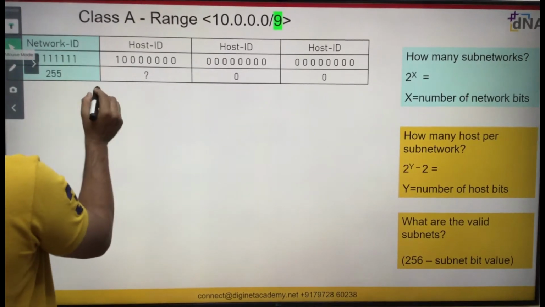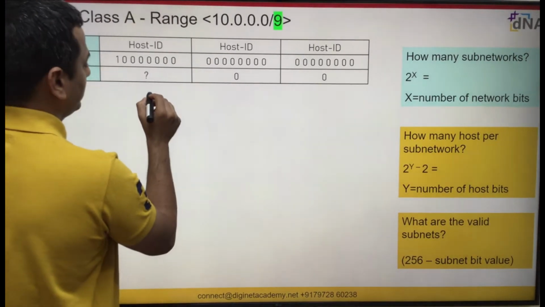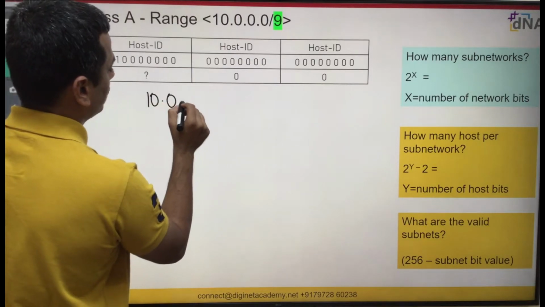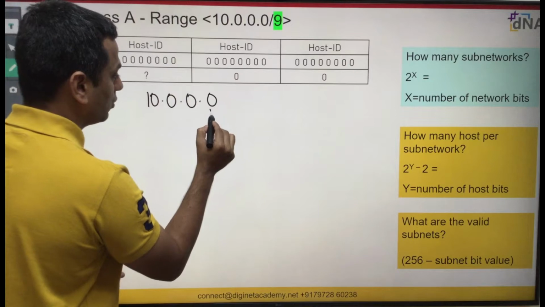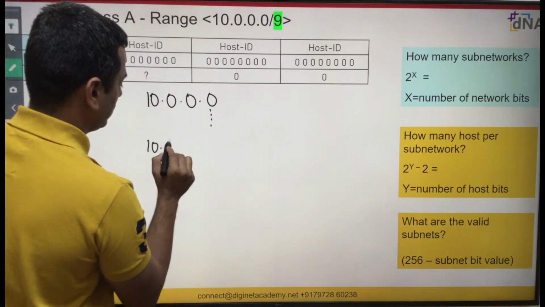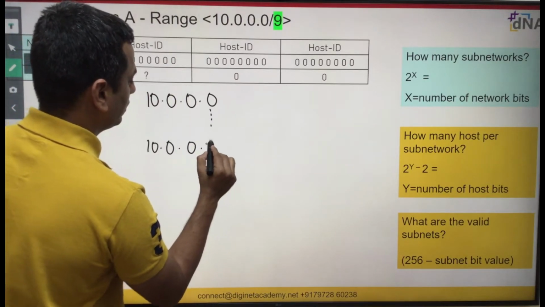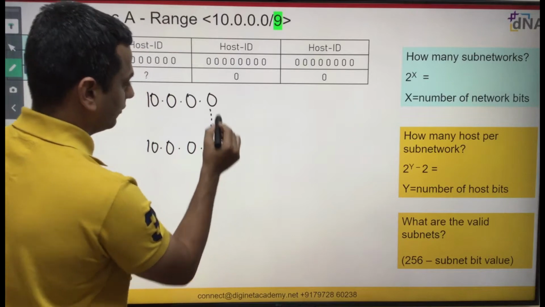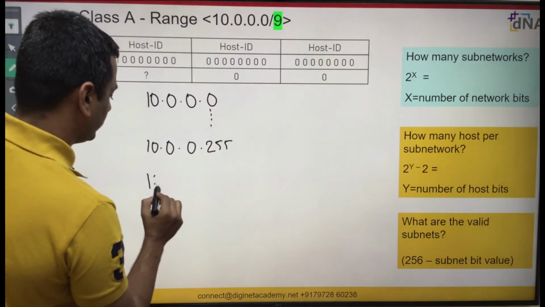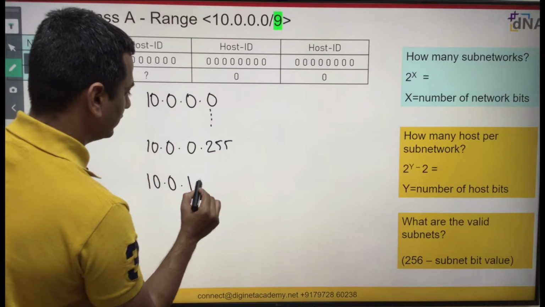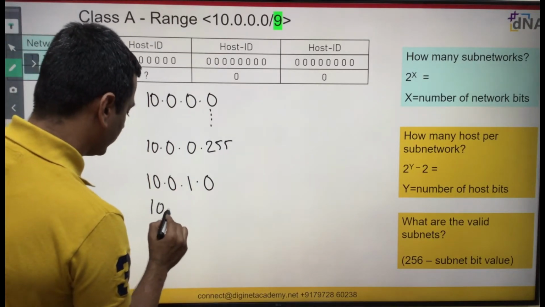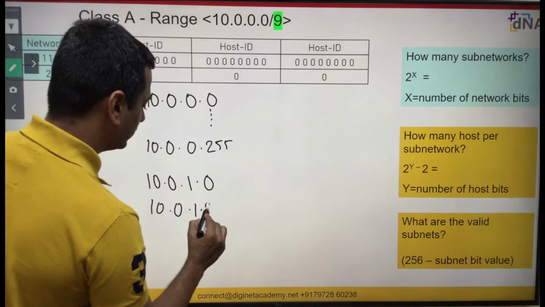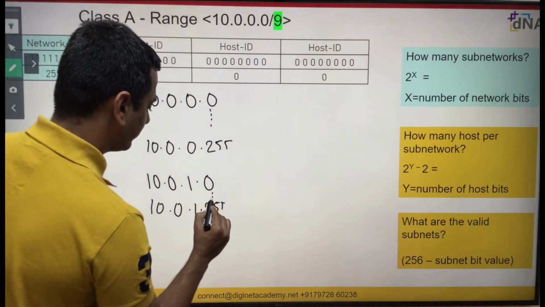So the first one will be 10.0.0.0. The next will go up to 10.0.0.255. Once done, then you have to go to 10.0.1.0, the next network, then it will go up to 10.0.1.255, right?